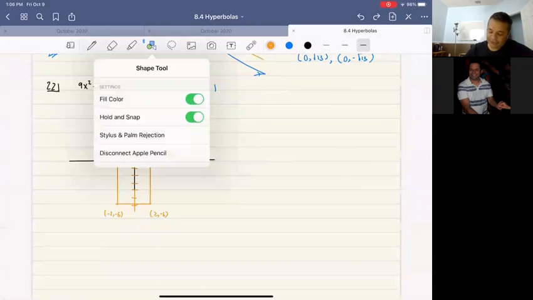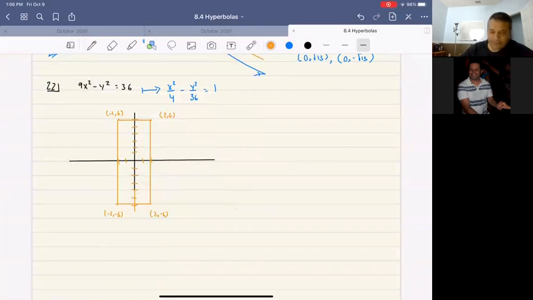Then let's take the asymptotes. The asymptotes, again, go through the opposing sides. So there's one. Let's try that with a straight line. That was terrible, but one more time.